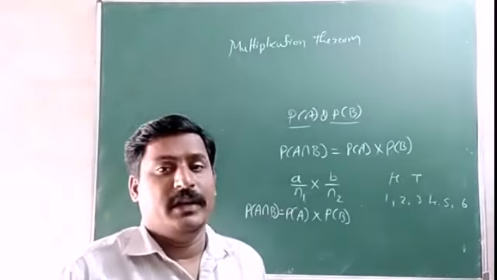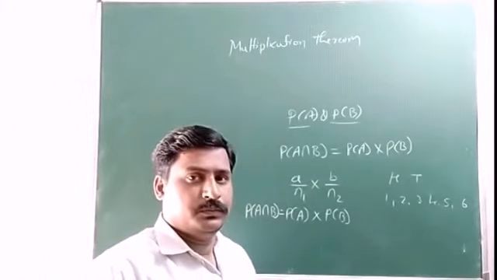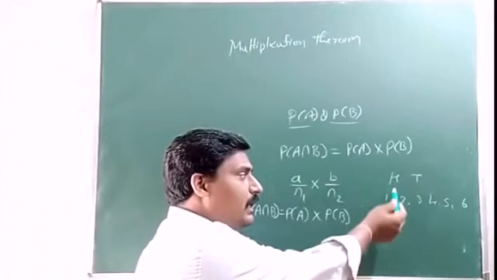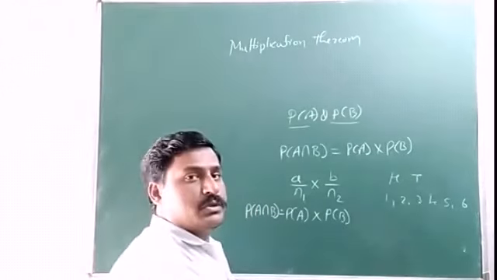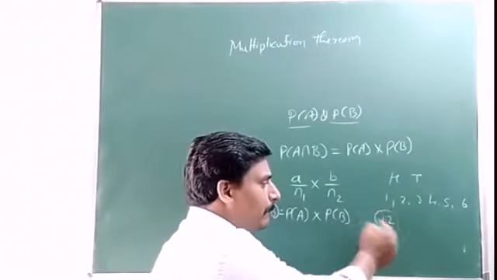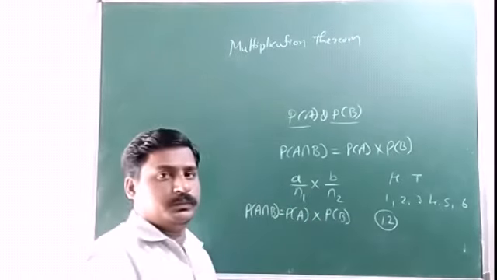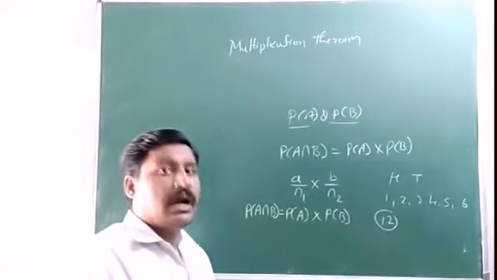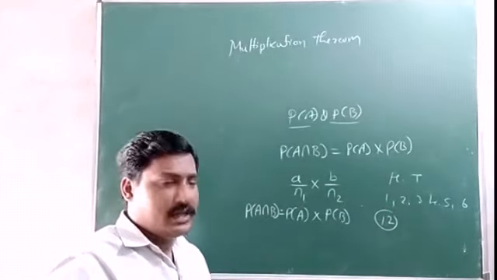So now here, n1 into n2, exhaustive cases. For throwing a die, 6 outcomes, and tossing a coin, 2 outcomes. So 2 into 6, 12 outcomes. How 12 outcomes? I am taking exhaustive cases here.